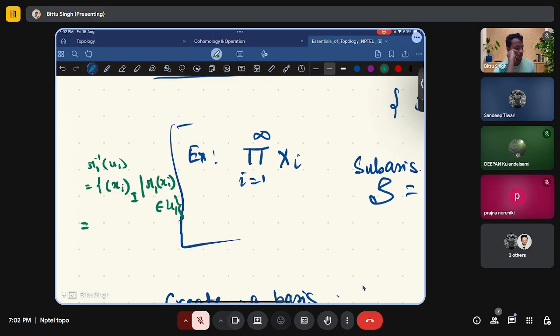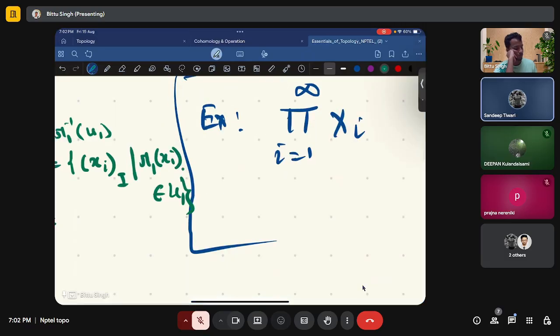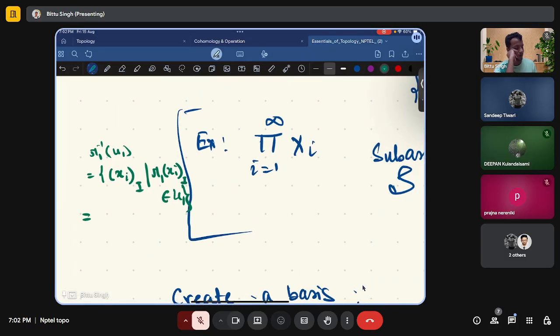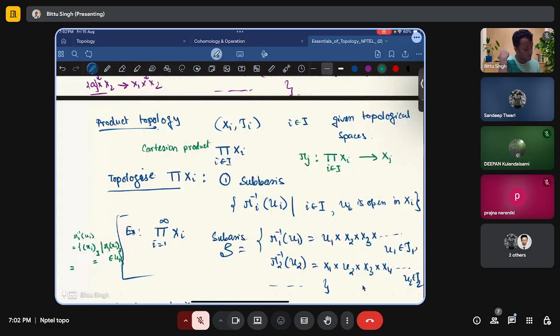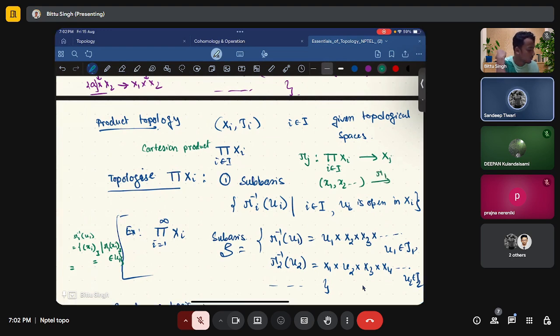Then what is the meaning of pi 1? What is pi 1 of this sequence? By definition, pi 1 sends a sequence, for example x1, x2, to x1. Pi 1 sends everything to x1.